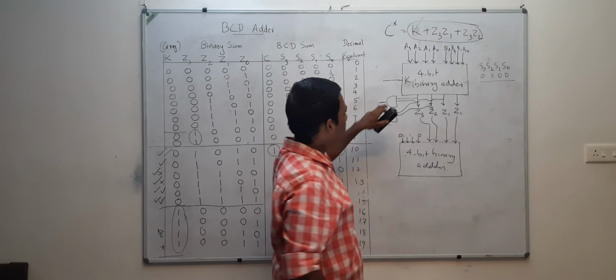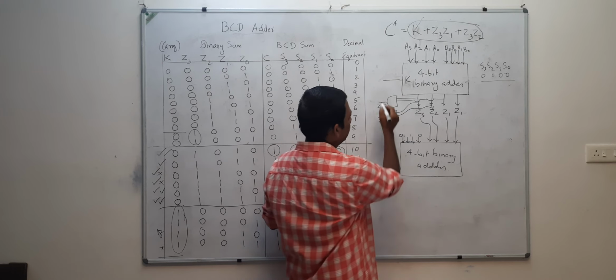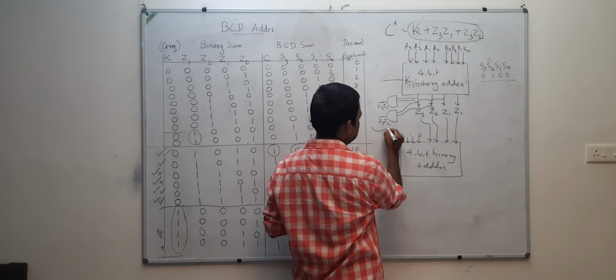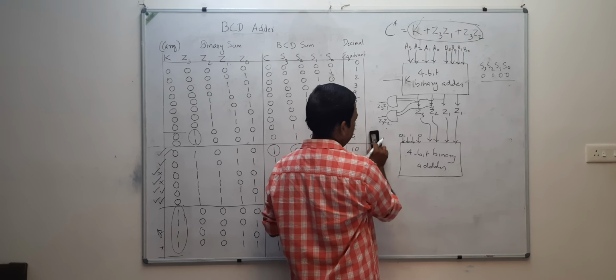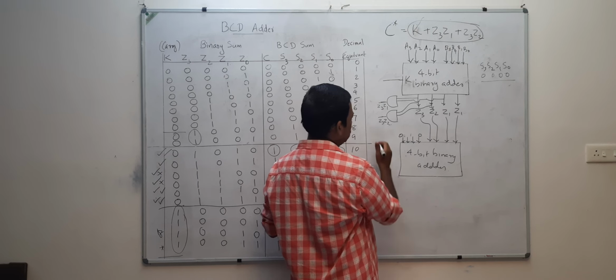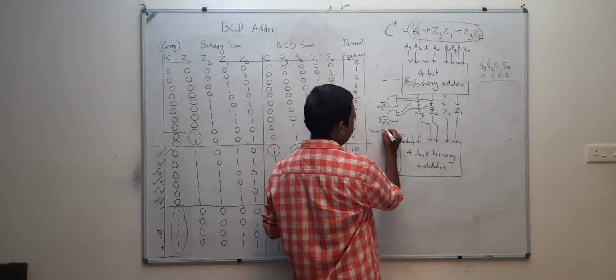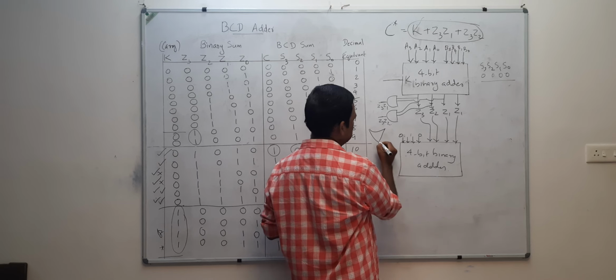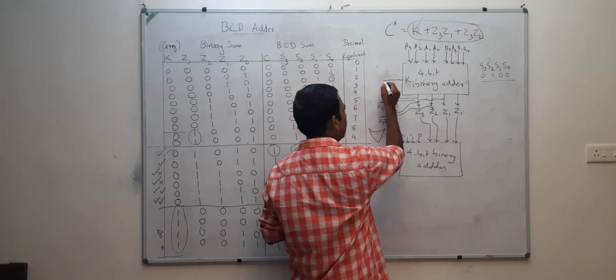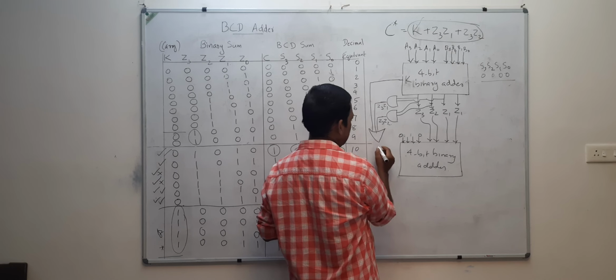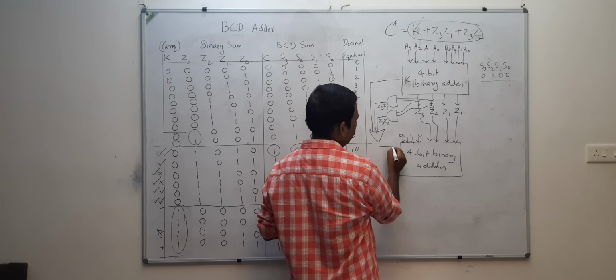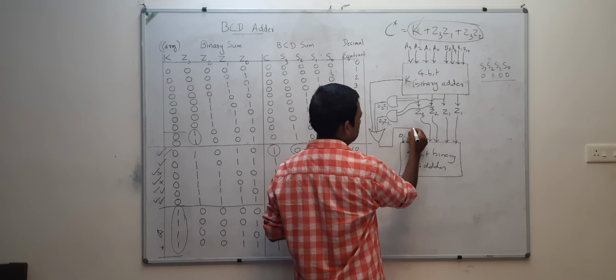Okay. That means see now you are going to add these three using an OR gate. This is the OR gate, and we are simply providing these three as the inputs, and here we are going to provide these two.